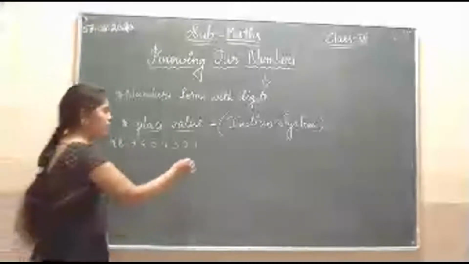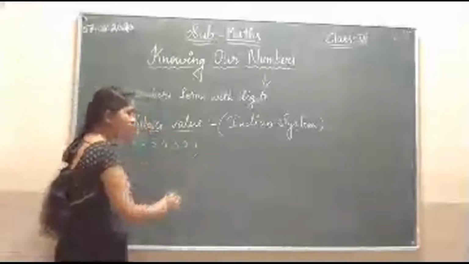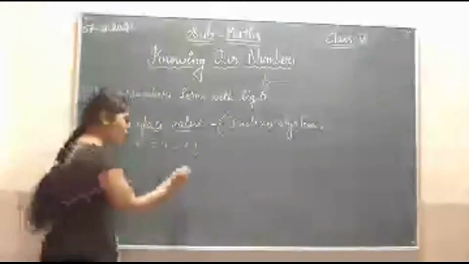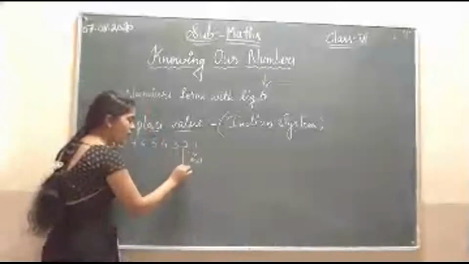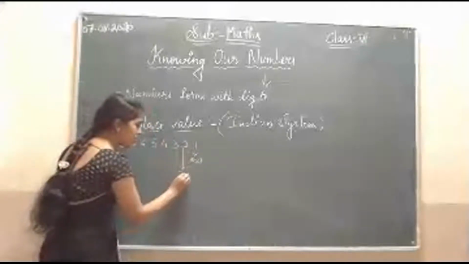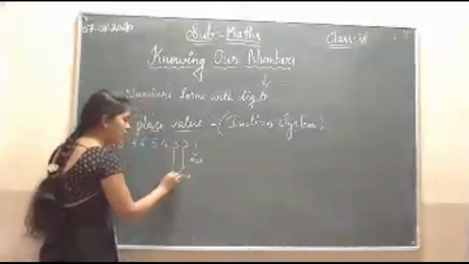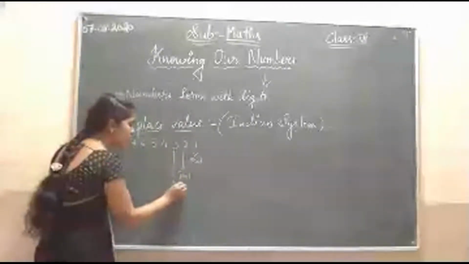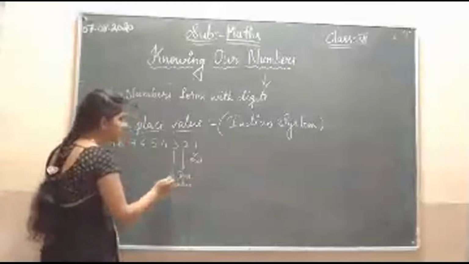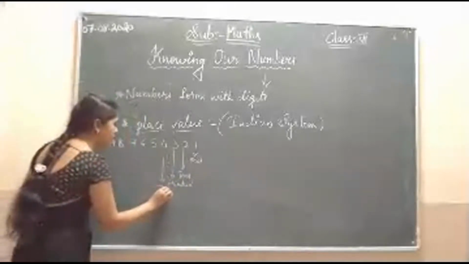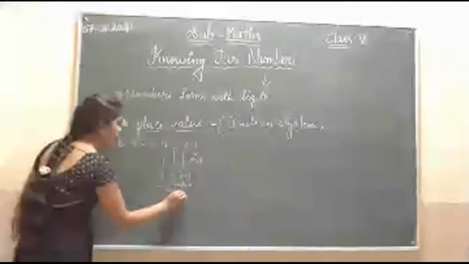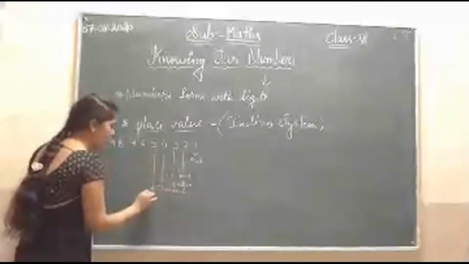In this, the place value of 1 is ones, the place value of 2 is tens, the place value of 3 is hundreds, the place value of 4 is thousands, and the next is ten thousands.